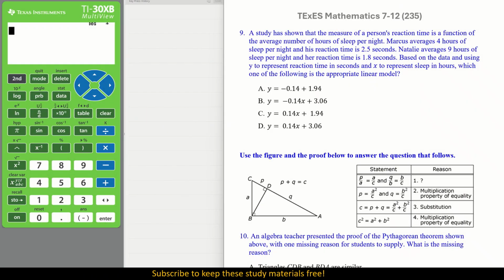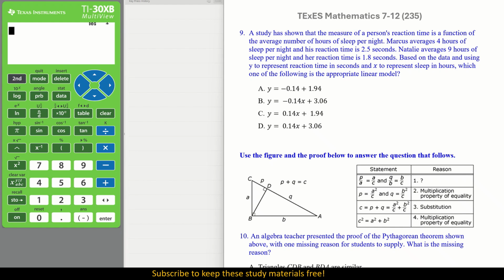Number 9, a study has shown that the measure of a person's reaction time is a function of the average number of hours of sleep per night. Marcus averaged 4 hours of sleep per night, and his reaction time is 2.5 seconds.